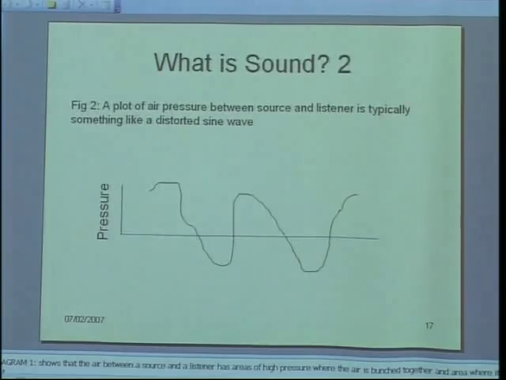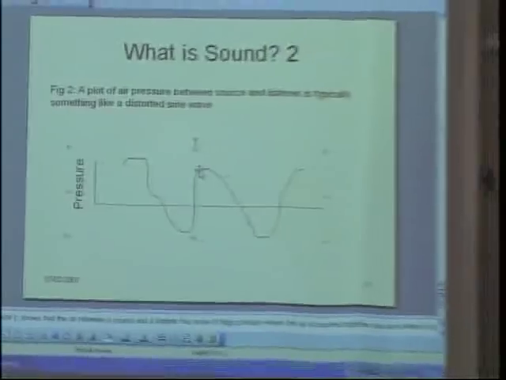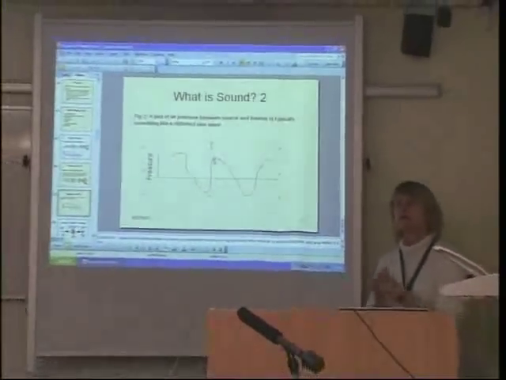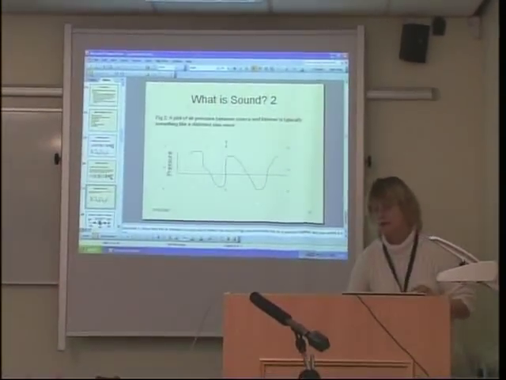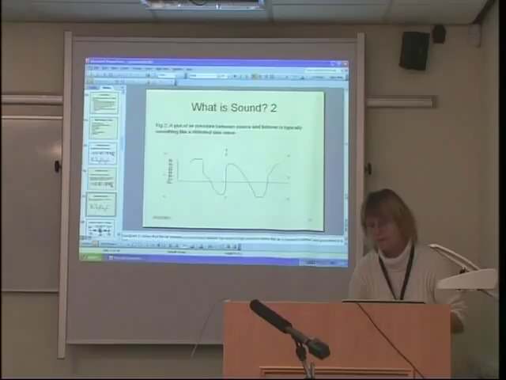And then the next one has the other diagram, which again is grouped, and again a legend with the picture. A plot of air pressure between source and listener is typically something like a distorted sine wave. Might not be the best text in the world, but some text to go with the picture.